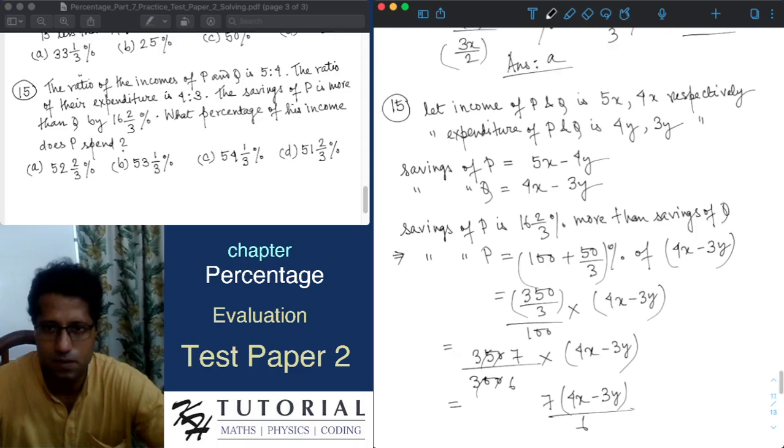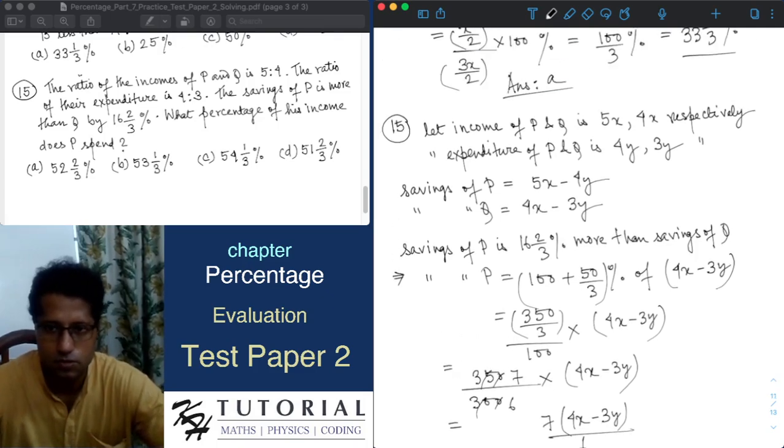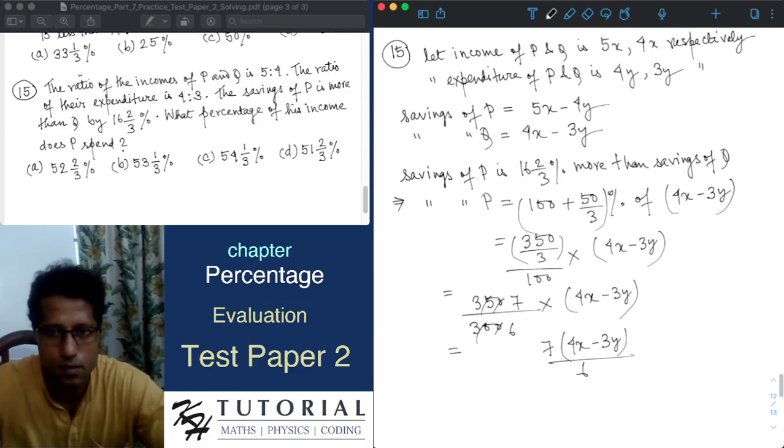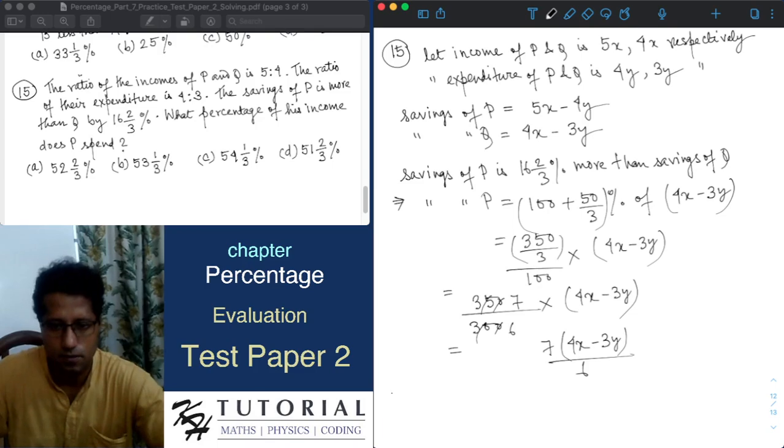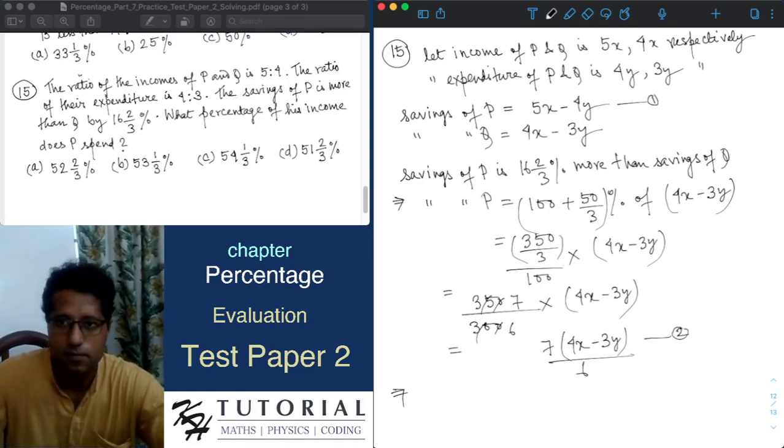But savings of P we already know is 5x minus 4y. So from fact number 1 and 2, the first says that the savings of P is equal to 5x minus 4y.